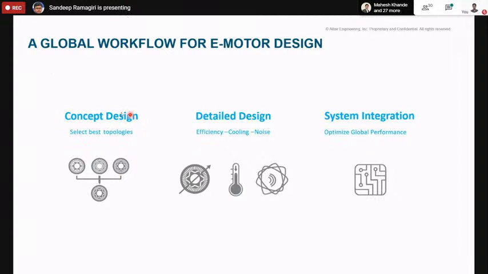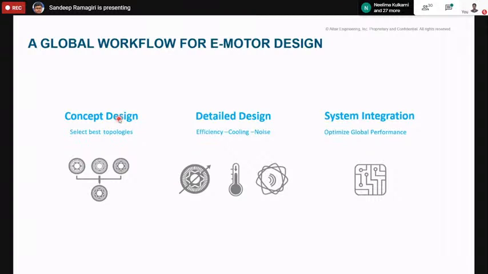First, in the concept phase, we will quickly do a rapid design exploration to target the design by considering all this data from the person who decides the load locus. We will quickly select the stator topology, rotor topology, and winding configuration.